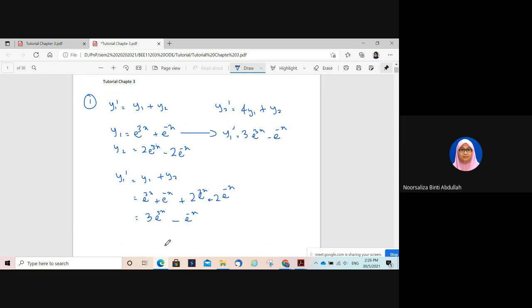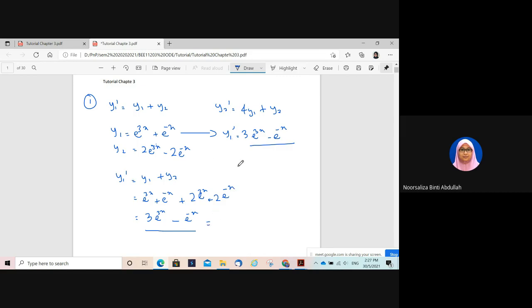Okay, now this is correct. So you have Y1 prime. If you replace Y1 and Y2 inside these equations, you will get this one. While you have Y1 and you differentiate this Y1, you will get this one. You can see from here, this Y1 prime and Y1 prime here are the same.